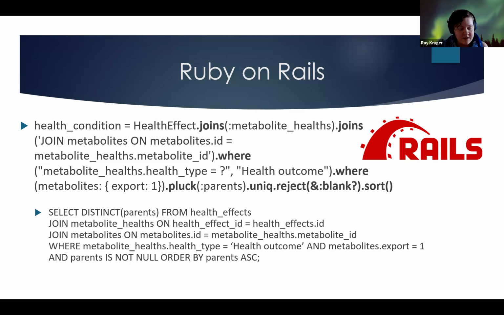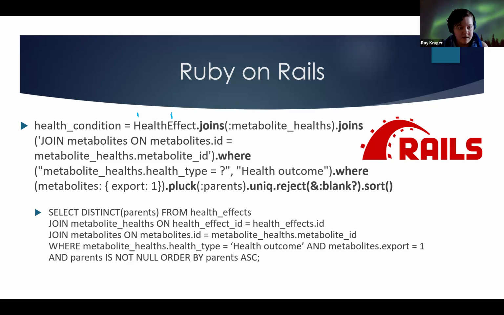First, in Active Record, you change the column name slightly so that it has two capital letters, you remove the underscore, and you remove the S at the end. So it's HealthEffect instead of health_effects.